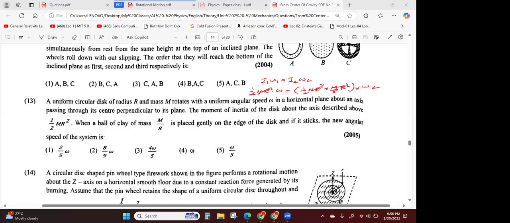On the left-hand side we have half omega, equals half plus 1 over 8 on the right. 8 is the least common multiple, so 2 into 4, 1 into 4 is 4, plus 1, into omega 2. Therefore omega 2 equals half omega times 8 over 5, so it will be 4 over 5 omega. The third one is the answer.